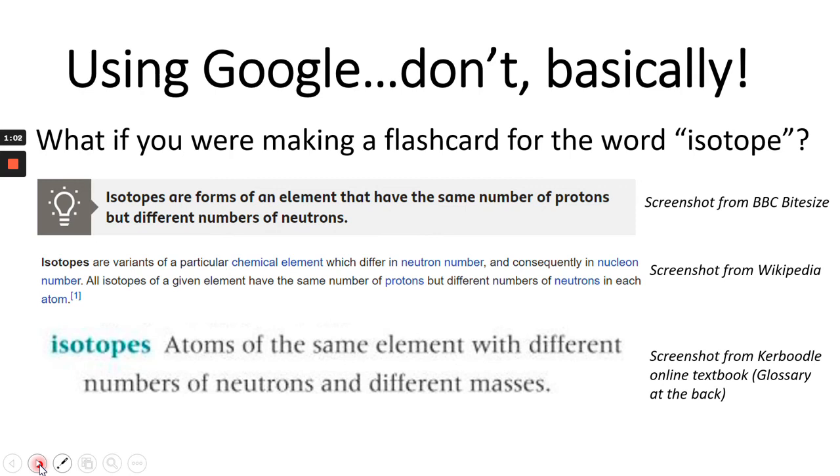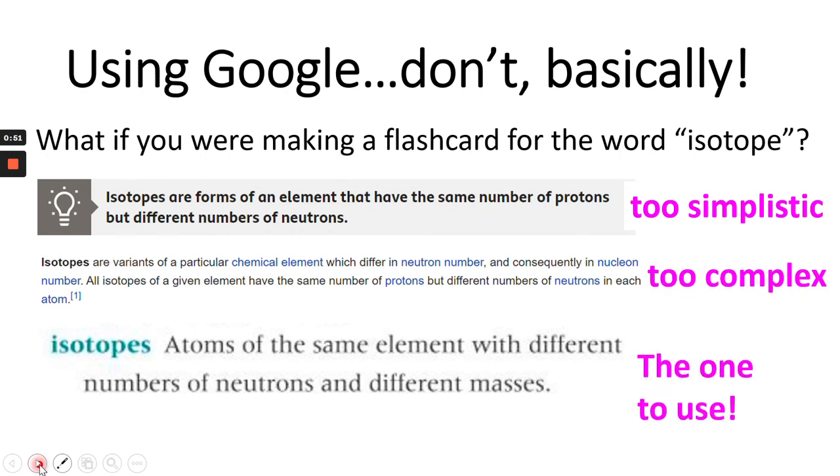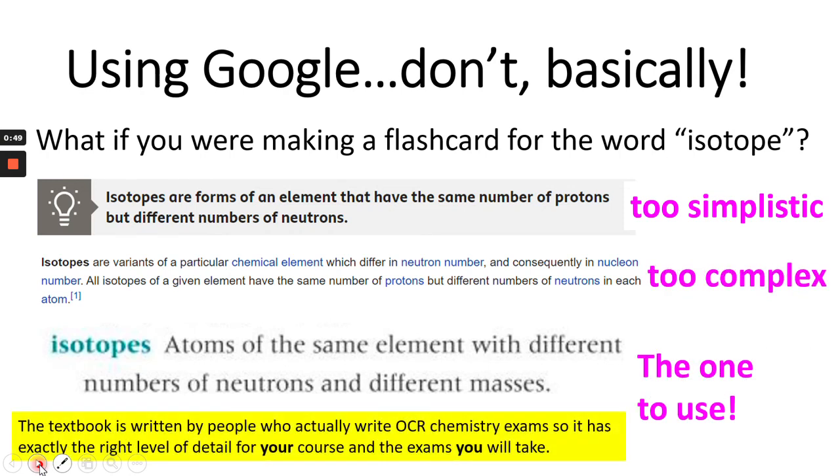So therefore we always use the textbook. The BBC GCSE version is a bit too simplistic, as you'd expect from a GCSE website. Wikipedia is a bit too complicated, so the textbook is just right, because the textbook is written by people who write your exams, so therefore they know what level of detail is needed.